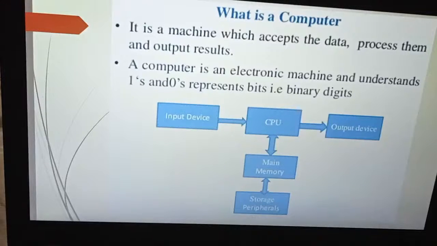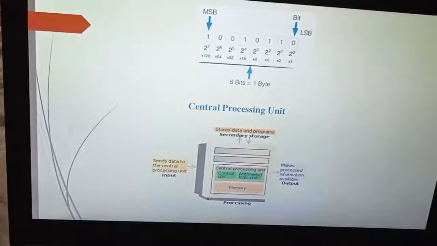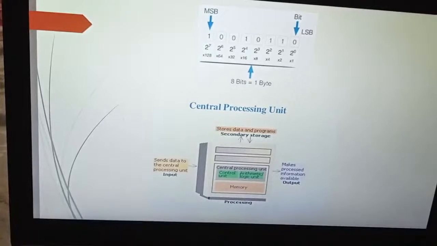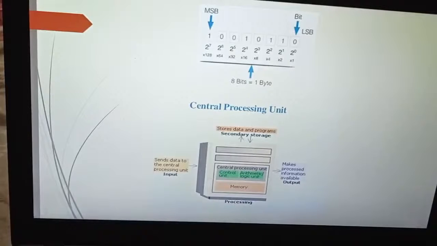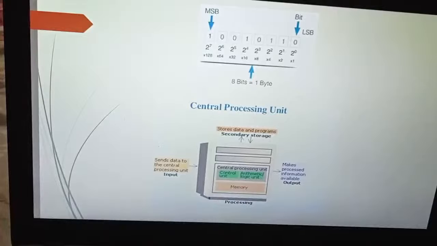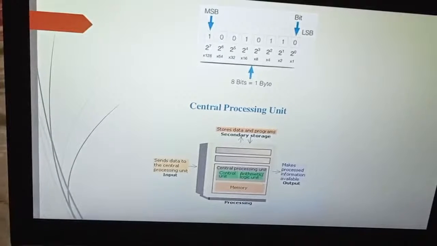The bits in a byte are numbered from 0 to 7, and each bit represents a power of 2, from 2 to the power 0 up to 2 to the power 7. A word is a group of 16 bits.